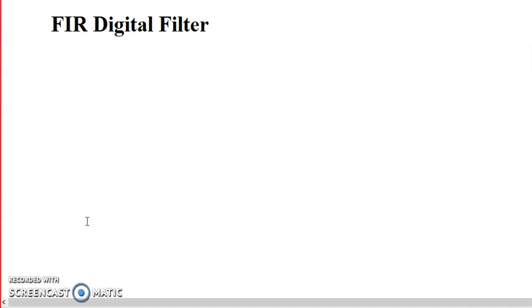We assume that the transfer function of FIR digital filter design follows the ideal filter response. What is ideal filter response? So for a low pass filter, the ideal filter response is this.